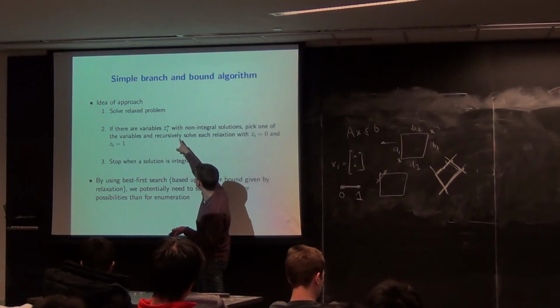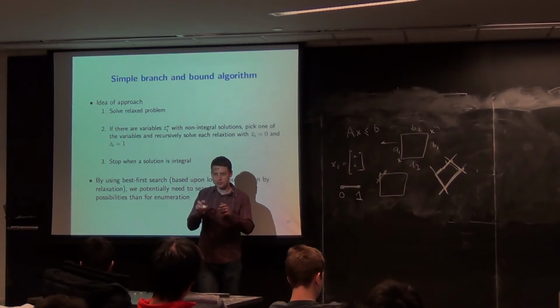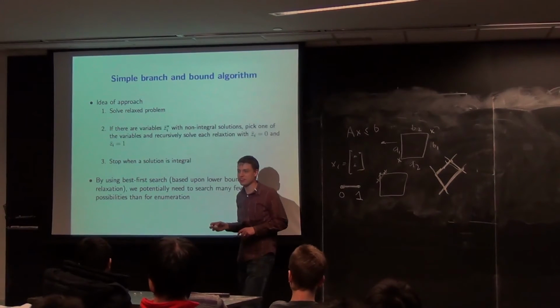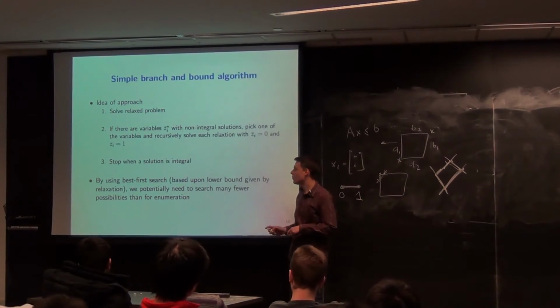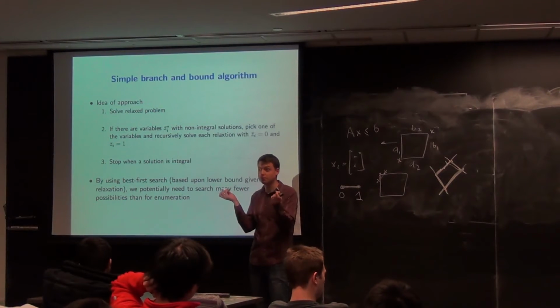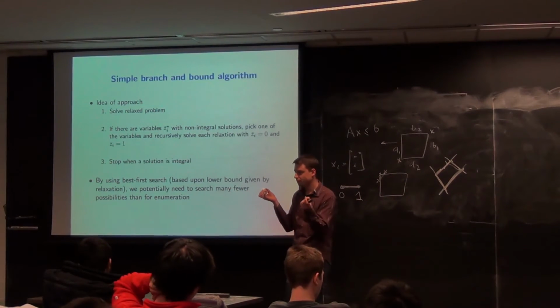Actually, how you pick which one to split on, you can do whatever you want in some sense, but there are better ways or worse ways. We won't really get into that. But you pick one of these things that's not integer valued. If they're all integer valued, you're already done, right?